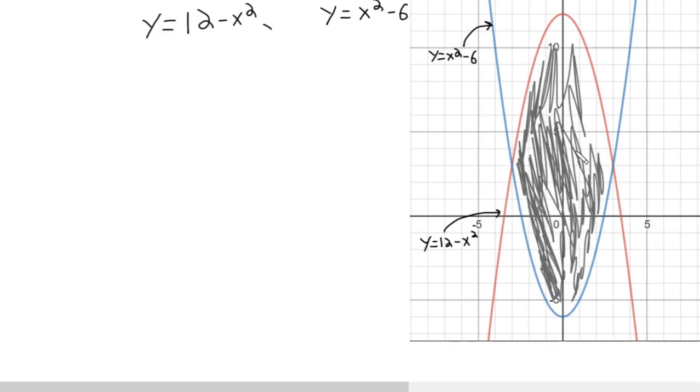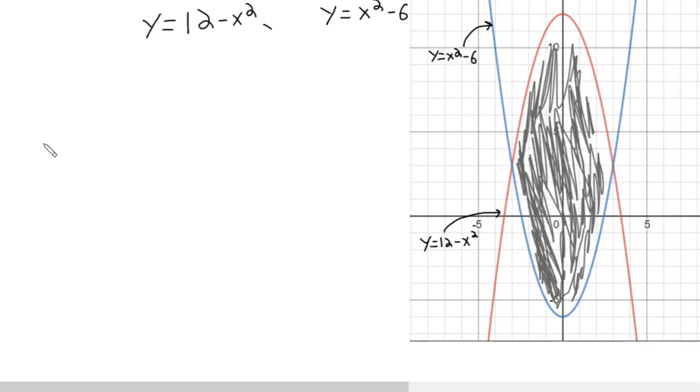It could be below the x-axis already or above it. Both curves could be, or one curve could be below it and one above. It doesn't matter. So here, it doesn't matter that this is dipping slightly below the x-axis. So in gray, this is the area we want. Okay, so let's compute what this area is.